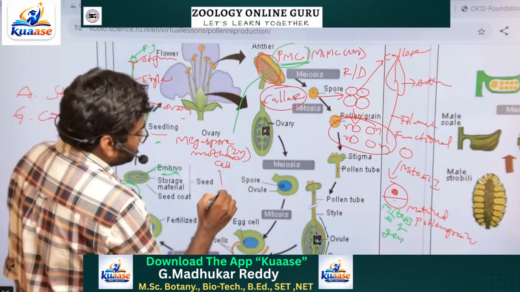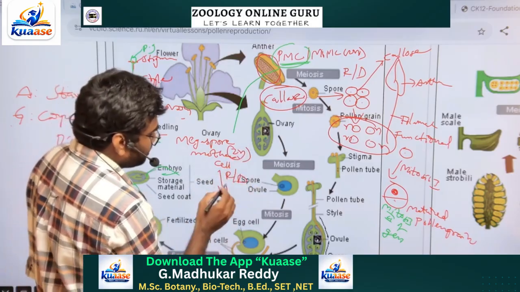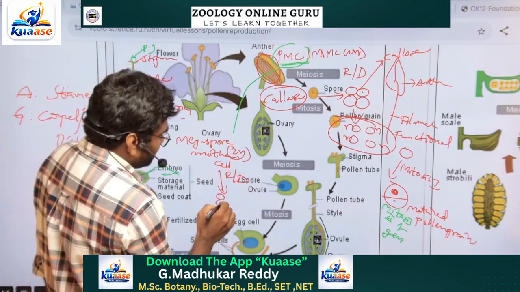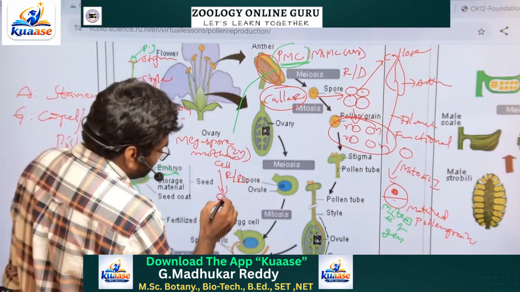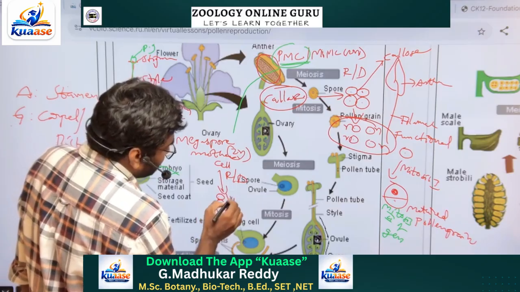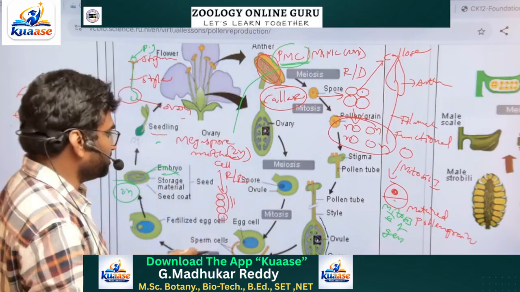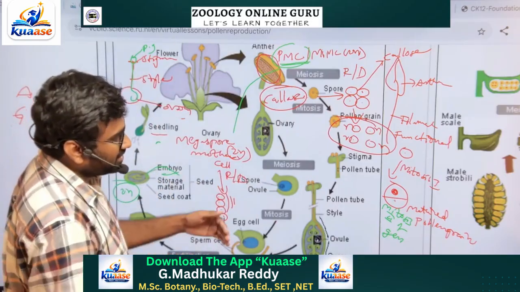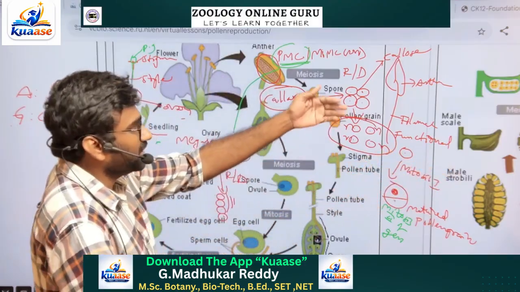This megaspore mother cell undergoes meiosis division to produce the linear tetrad of megaspores, and out of these 4 megaspores, 3 cells will disintegrate. Only one is a functional megaspore. It is completely contrasting to the pollen mother cell.